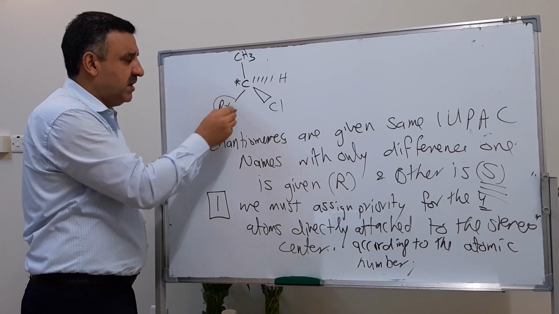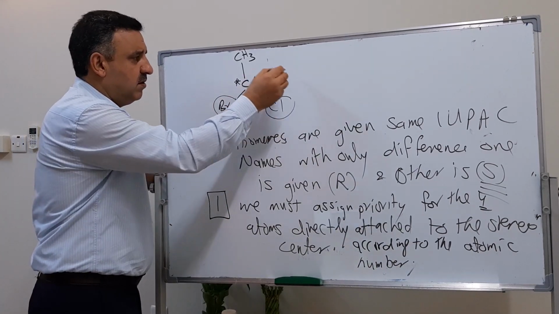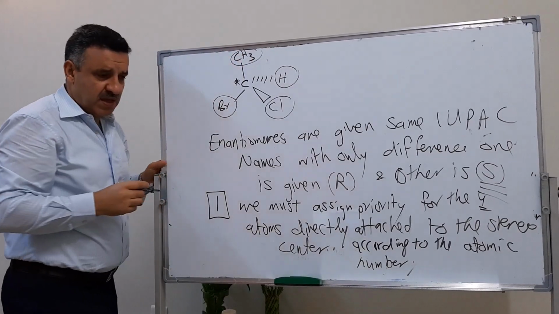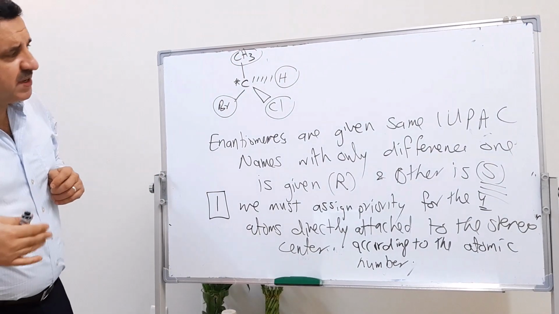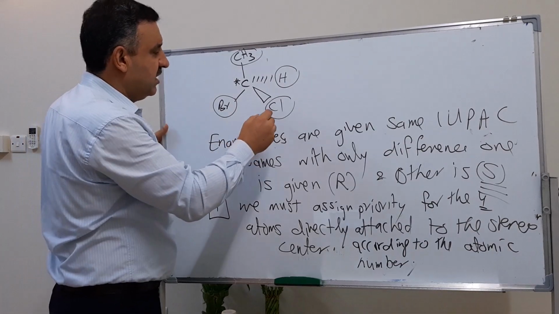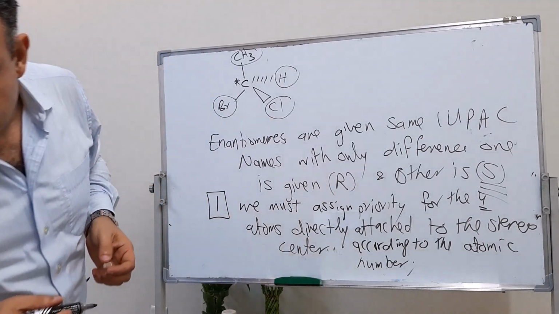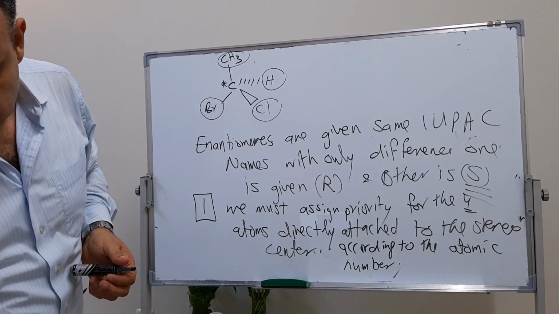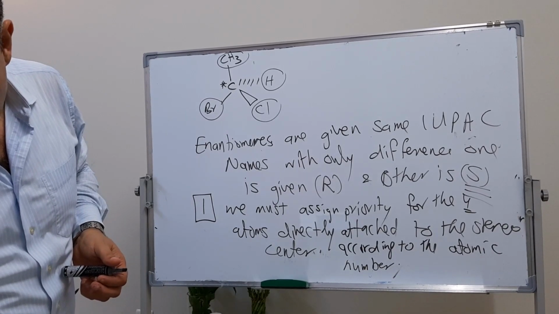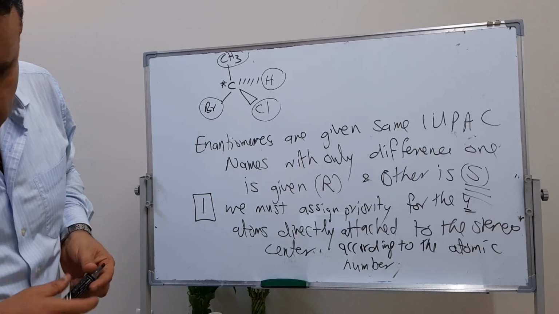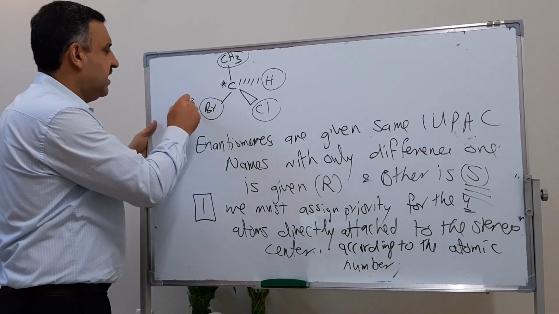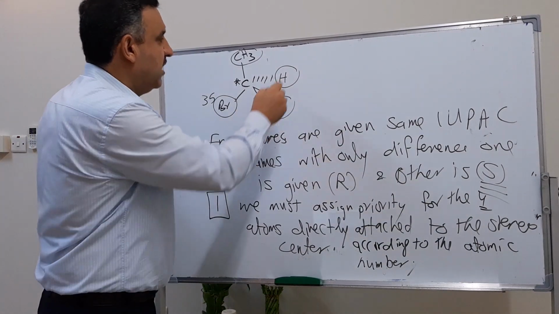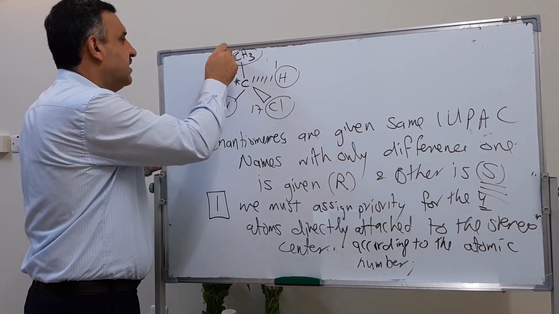We have the bromine, the chlorine, the hydrogen, and the carbon. Do you follow me? According to the atomic number in the periodic table, the bromine has atomic number 35, chlorine is 17, hydrogen is 1, and carbon is 6.